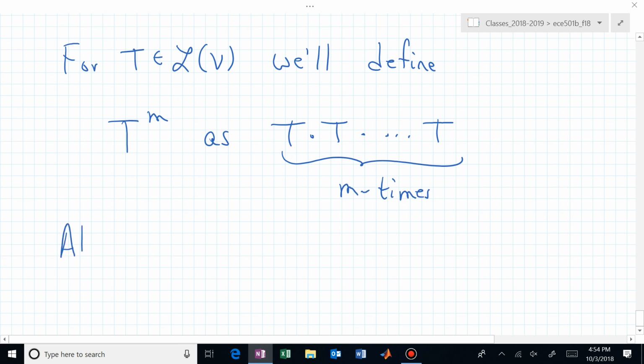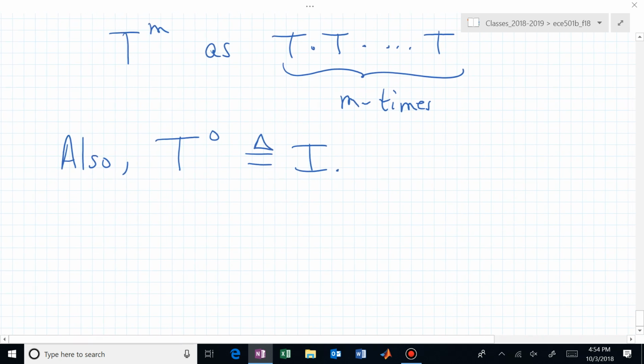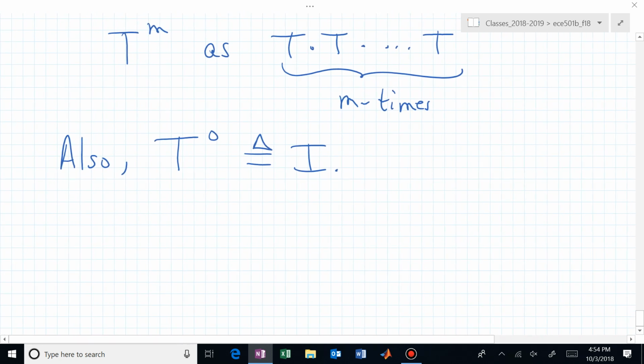Similarly, or consistent with how we've typically thought of anything to the 0th power, an operator to the 0th power we will define to be the identity map. So now, with this notation, we can create polynomials of operators to give us more flexibility or more power.